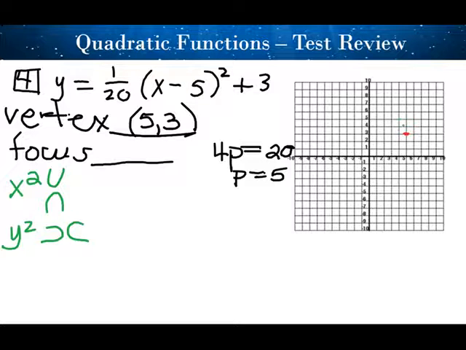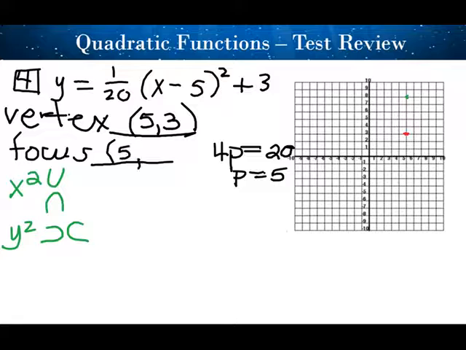So I'm going to be counting up, and since I'm counting 5, I'm going to go 1, 2, 3, 4, 5. So I'm right here at 8. All right. So my focus is at 5, 8, is my answer for that one.